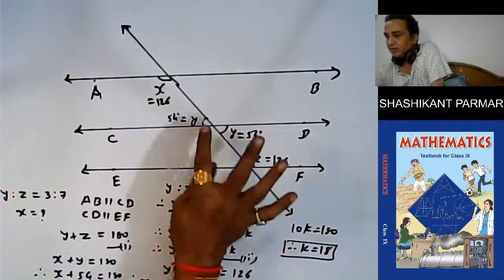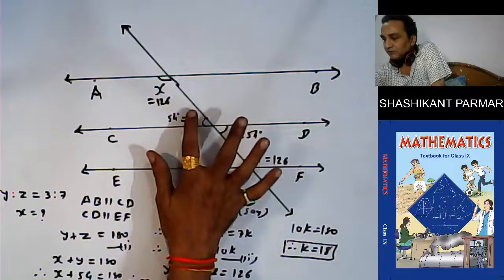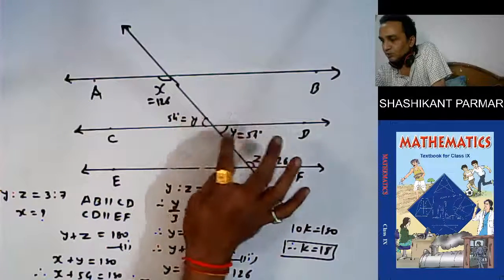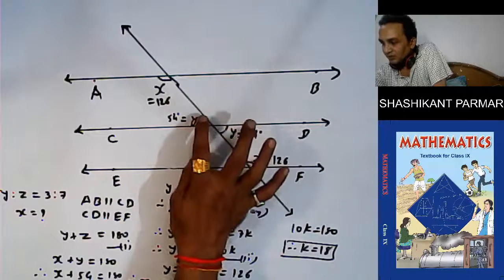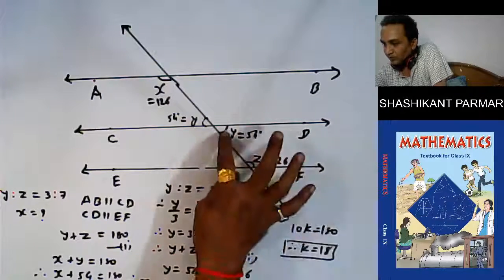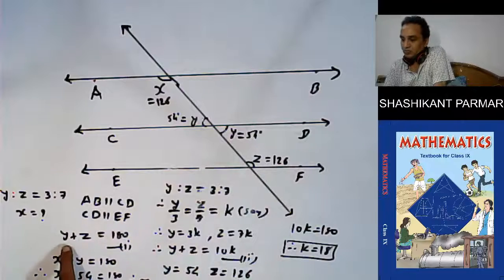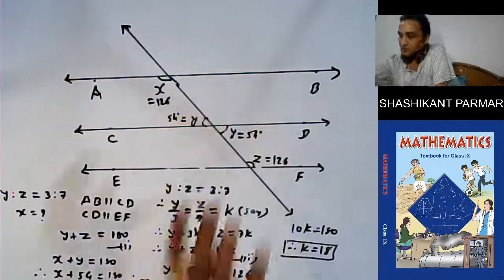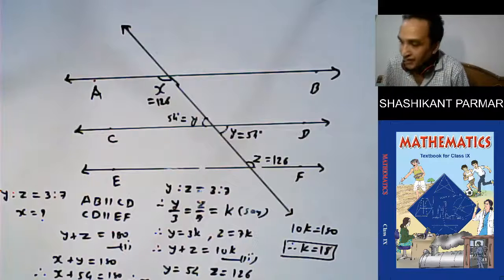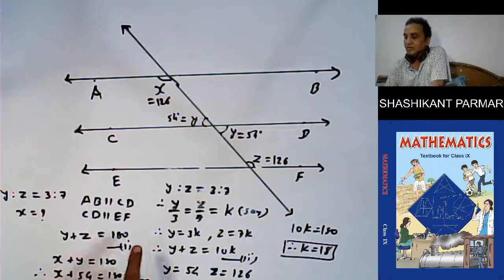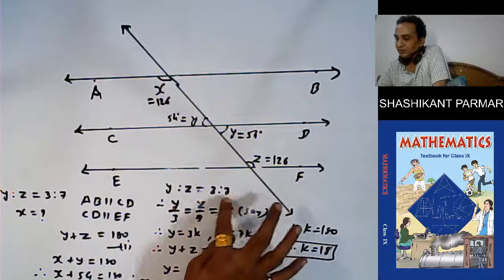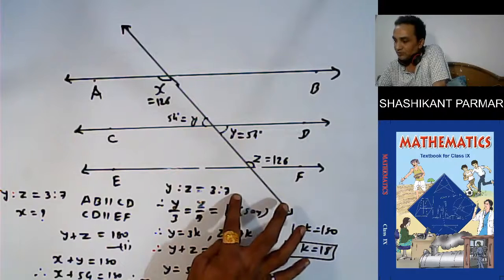Again let me repeat. Y is here. So these two angles are vertical opposite angles, that means equal. If this angle is Y, then this is also Y. The Y and Z ratio is given here, but these angles Y and Z are interior angles on the same side of the transversal. That means the sum of Y and Z is 180, and here is given 3 by 7.